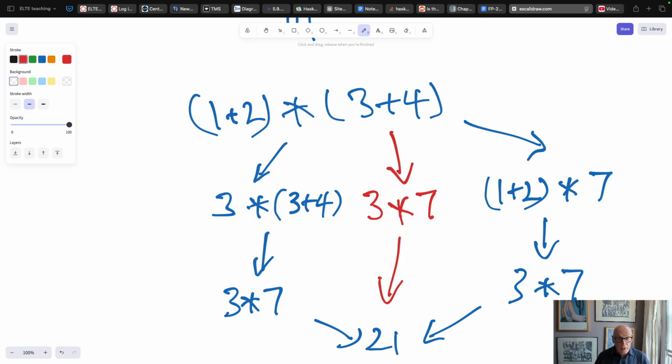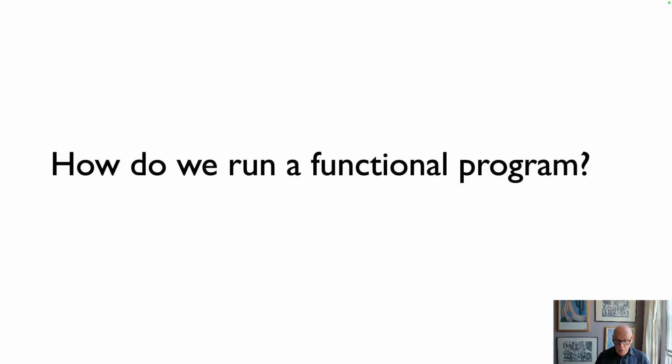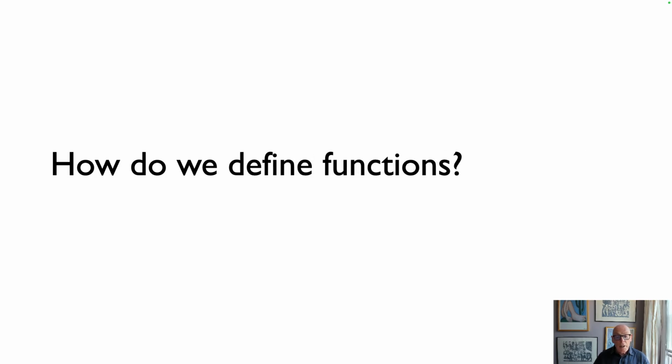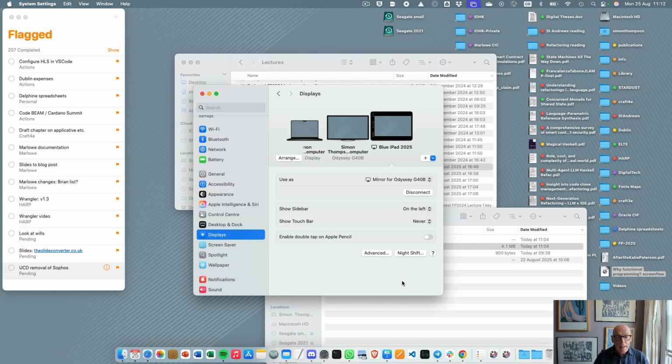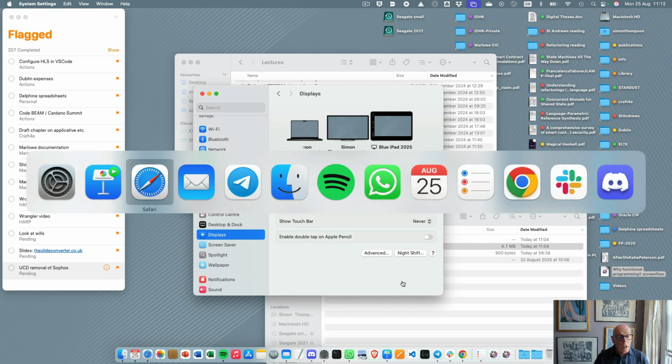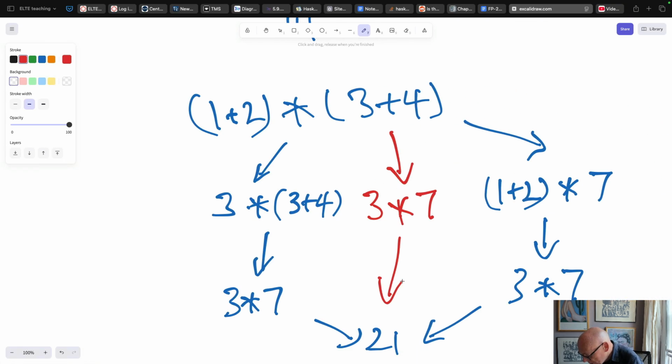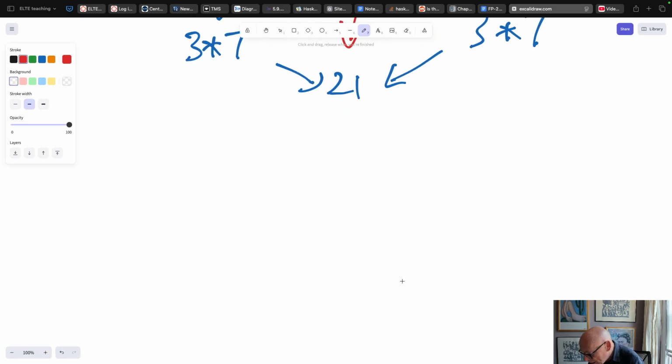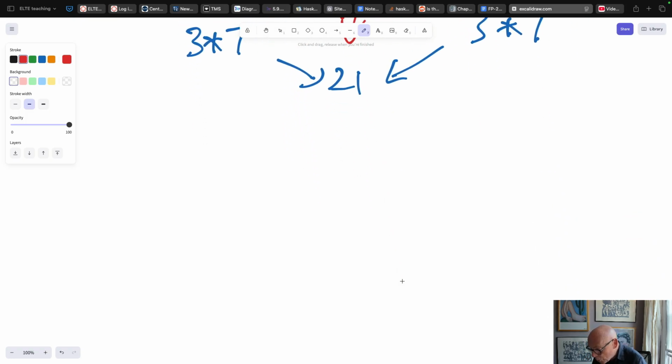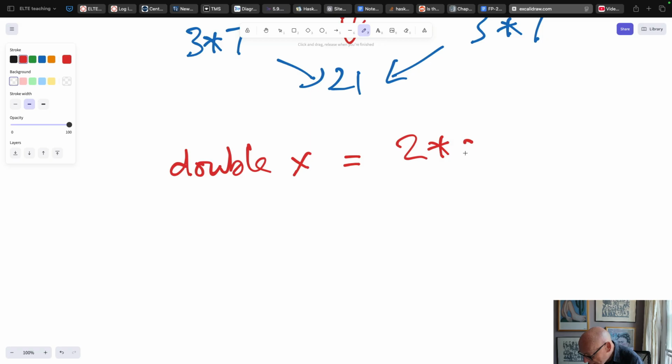And then let's get back to the final part of the question. How do we define a function? We use expressions to define a function. So just as we know how multiplication is defined, we can define the function double. We can say that double of x, an input, is going to be 2 times x.